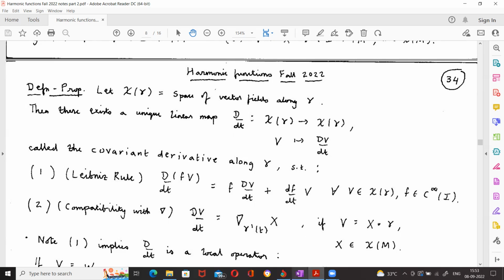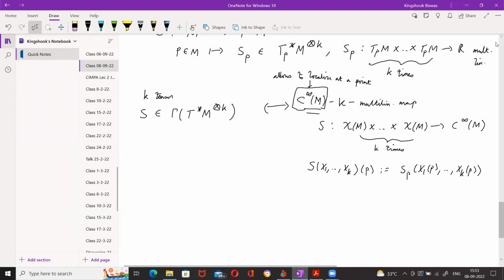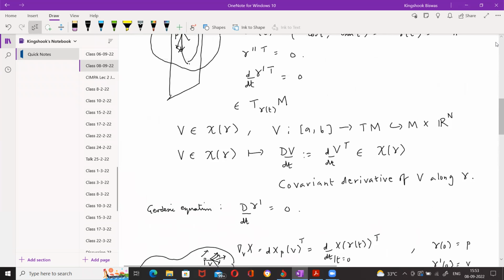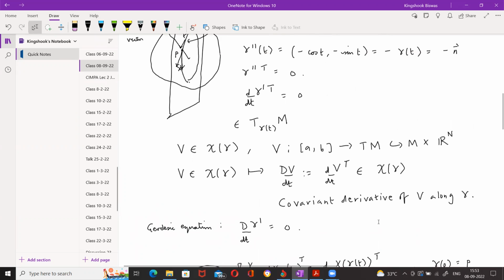That's what we did for a submanifold of Rn. Okay, this was our covariant derivative along a curve. So for a submanifold of Rn, the covariant derivative along a curve is very explicit. It's just the tangential component of the usual derivative, where you think of V as taking values in capital R N.